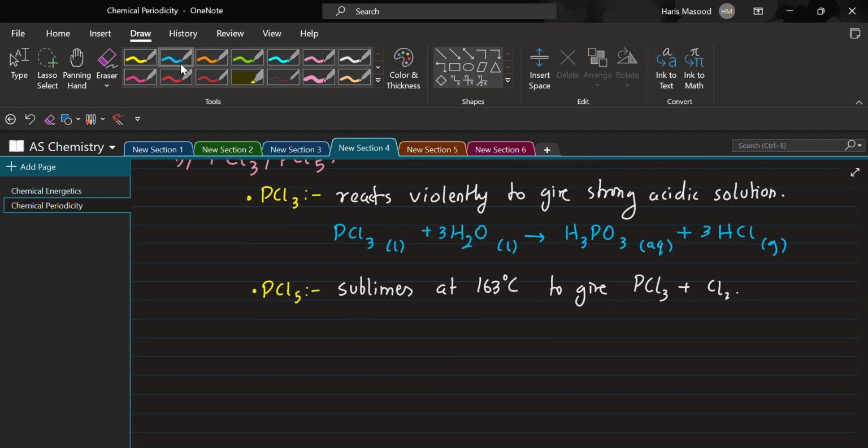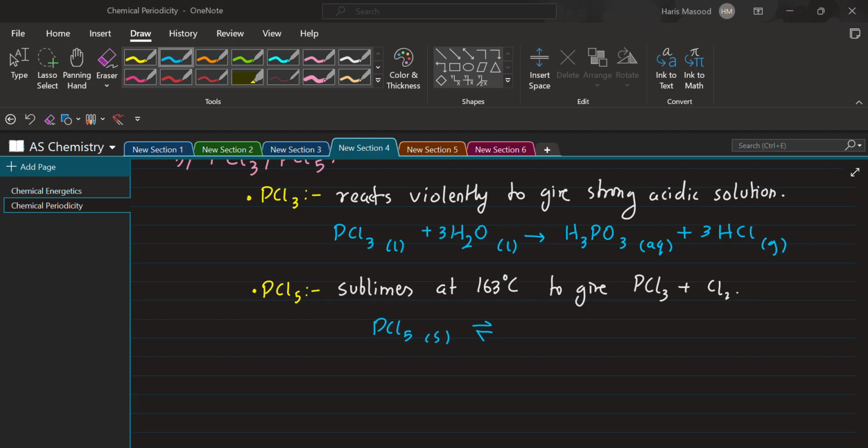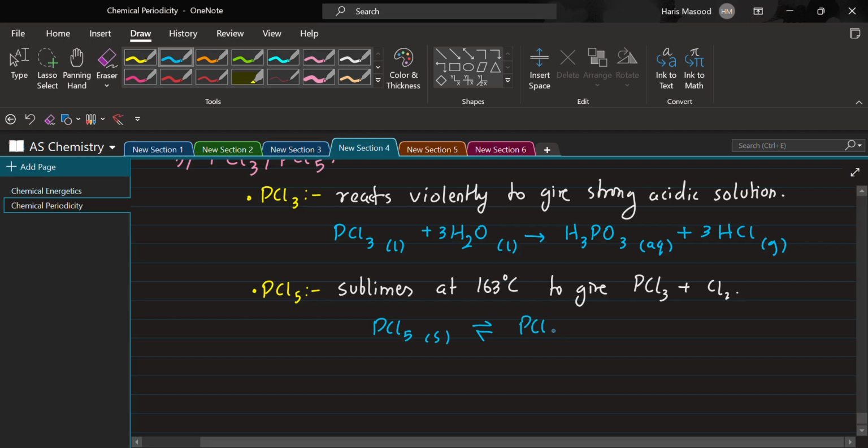The equation is like this: PCl5 solid, reversible, gives PCl3 liquid and Cl2 gas. That is how it forms PCl3.